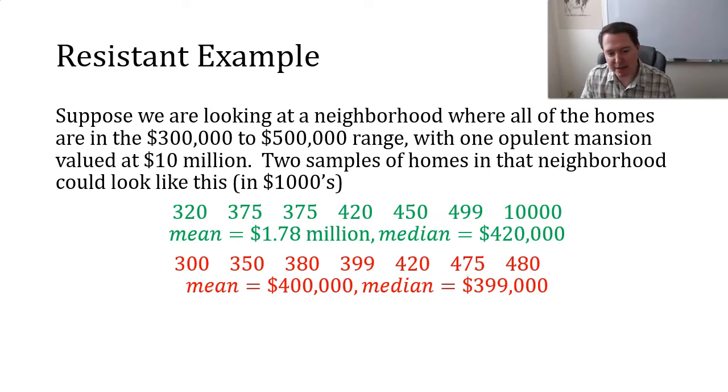Again, let's say I do another sample where I don't happen to get that one outlier in the neighborhood. Now I've got a mean that's a little bit closer to the middle and a median that stays the same. Look at how far apart these means are. That's insane, right? Going from one sample that had an outlier to a sample that didn't have an outlier changes where that mean is by a huge amount.